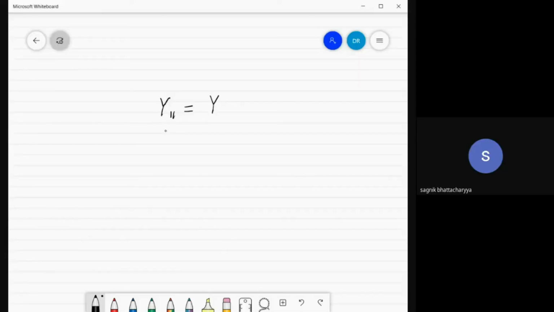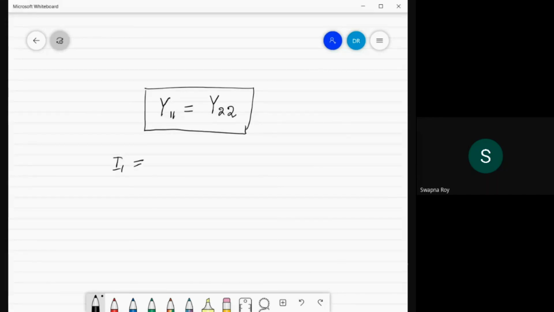হ্যাঁ, y11 is equal to y22. This one is the condition of symmetry. আমরা লিখেছিলাম I1 is equal to y11 v1 plus y12 v2.